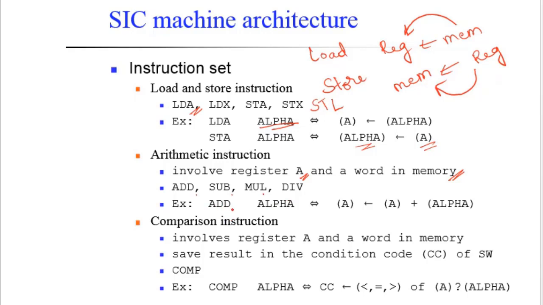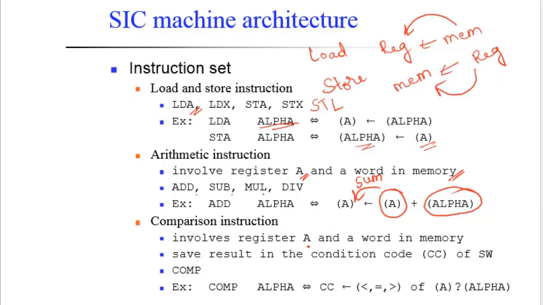We have to write an instruction like this: add alpha. What do you mean by add alpha? That is nothing but one inherent operand, which is the accumulator. Accumulator contents have to be added with alpha and the result will be stored in accumulator itself. And next category of instruction is comparison instruction.